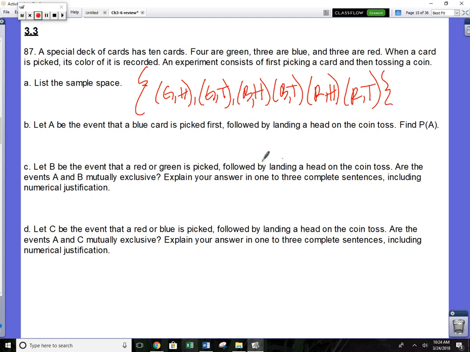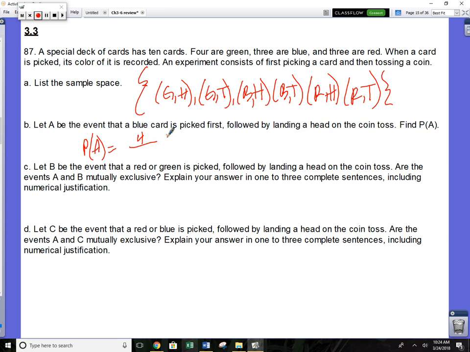Now let A be the event that a blue card is picked. So the probability of A is, it's got to be blue, and then it has got to be heads. The chances of you drawing a blue, there are 4 blue.